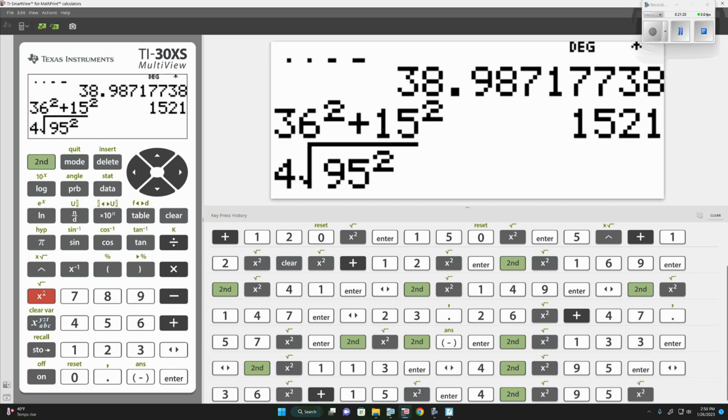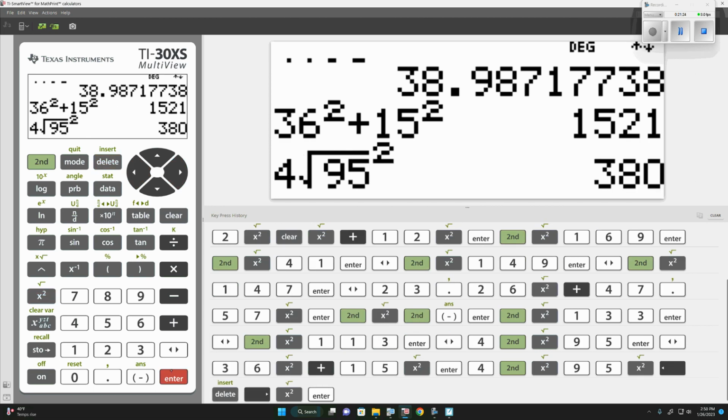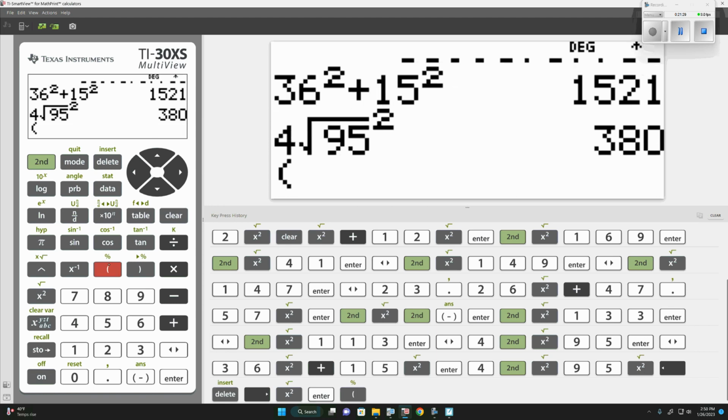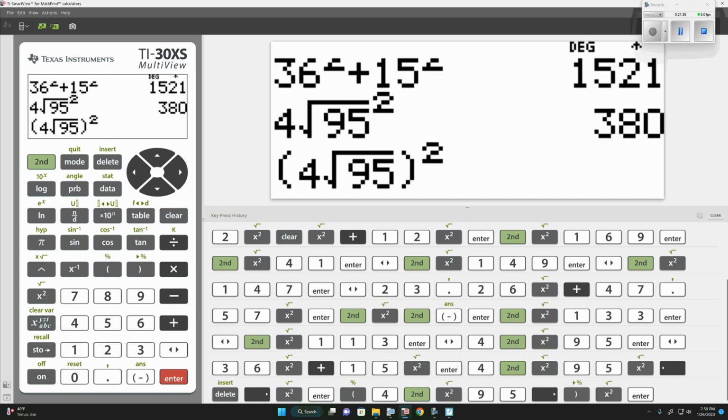If we put it in without the parentheses, let's see what we get. We get 380. Now, if we put the parentheses, 4 square root of 95 squared, because otherwise it just squared the 95 and then multiplied it by 4.